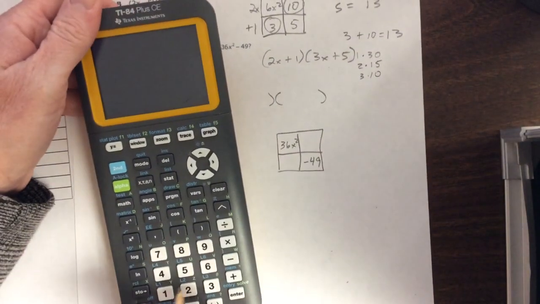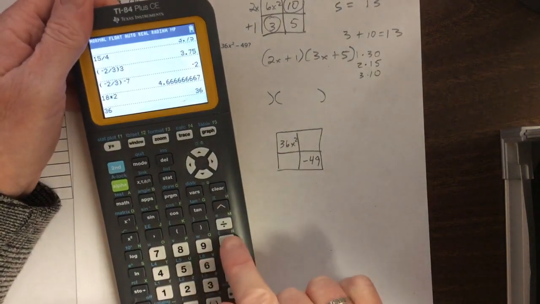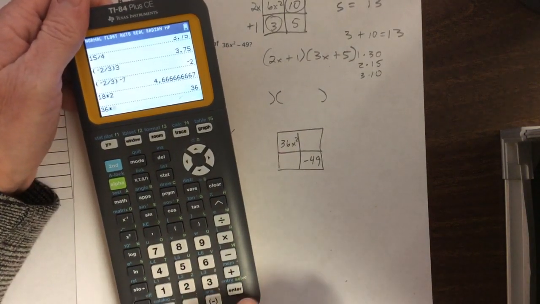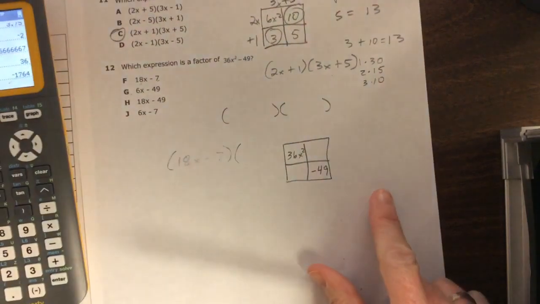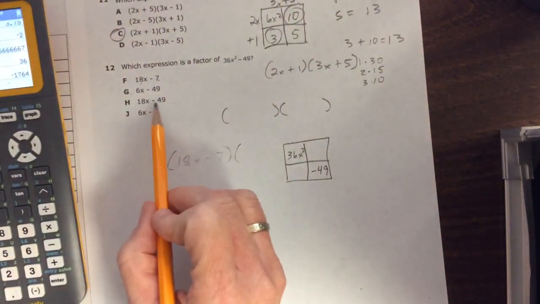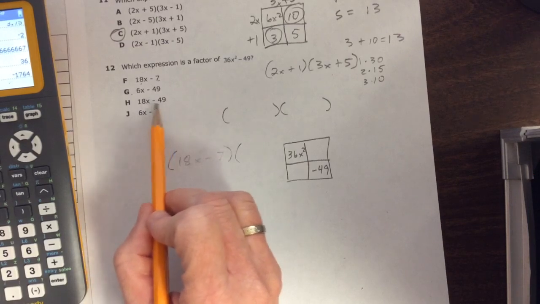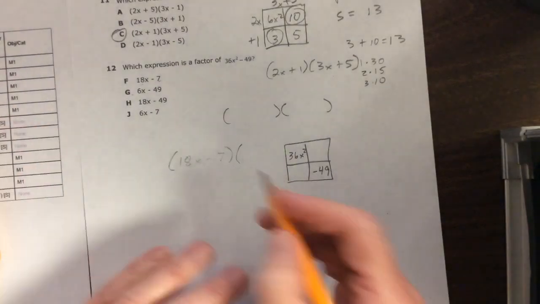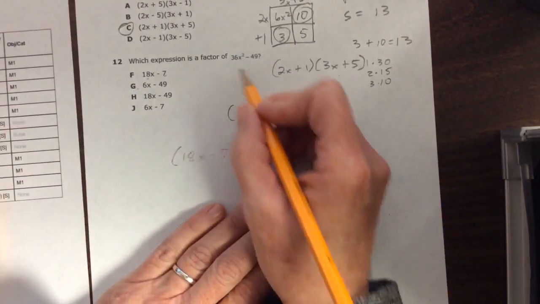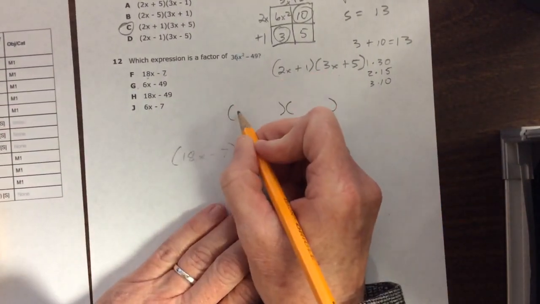will be the first times the last. So we have 36 times negative 49. Good grief, that's a big number. And actually, I'm just going to try to do this without the box method because I know 6 times 6 is 36.